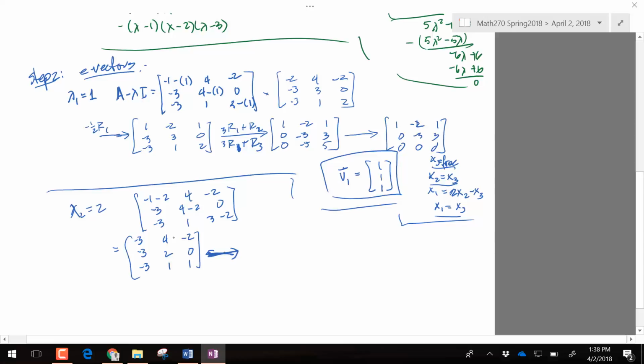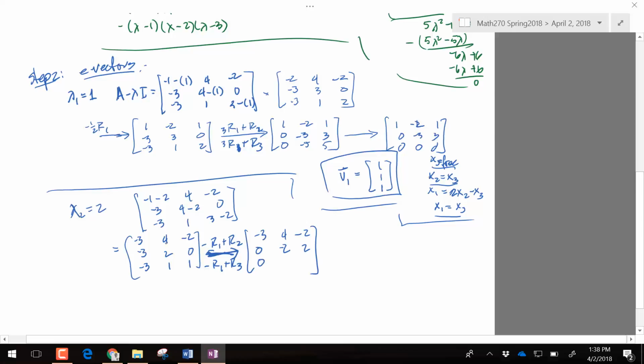Let's see if we can just knock out this. Multiply first row by -1, add it to the second row, and we'll do the same thing, multiply -1 times the first row and add it to the third row. So we have -3, 4, -2. This is 0, -2, +2.